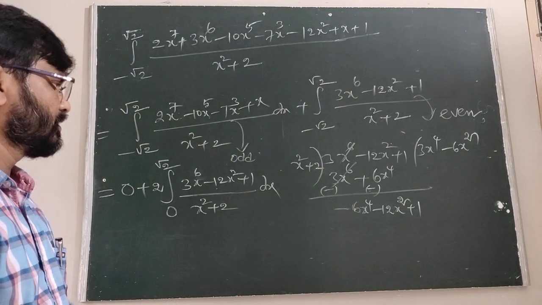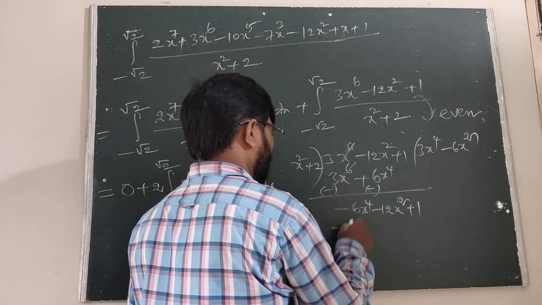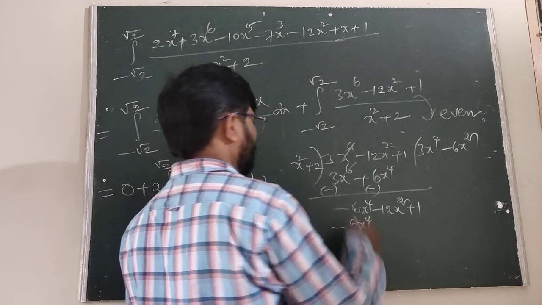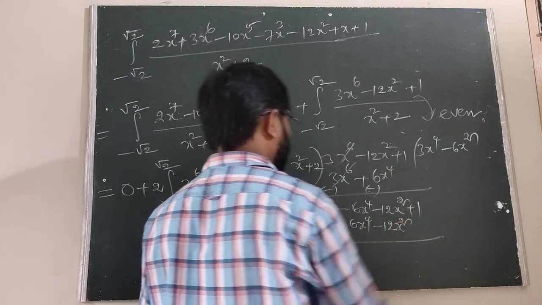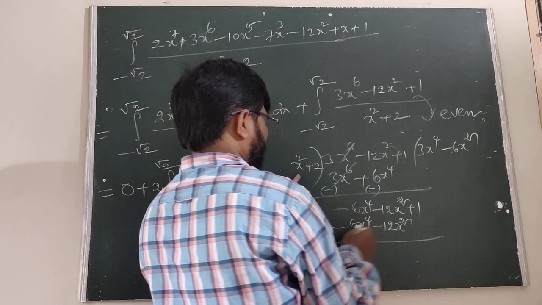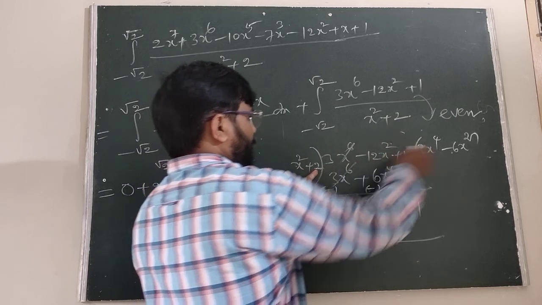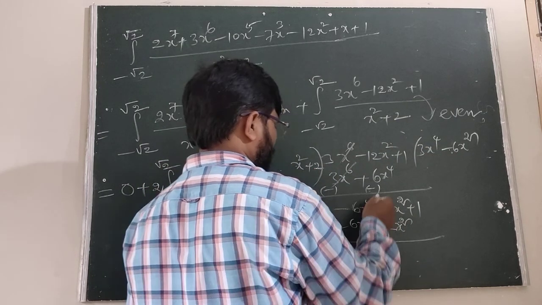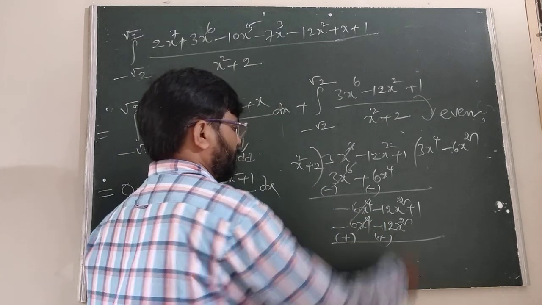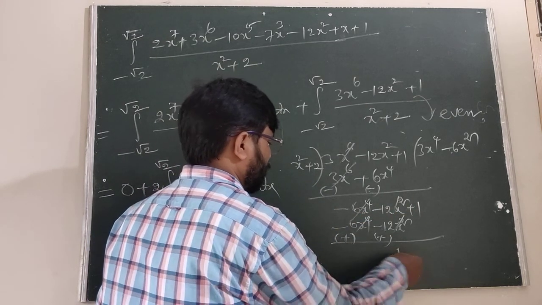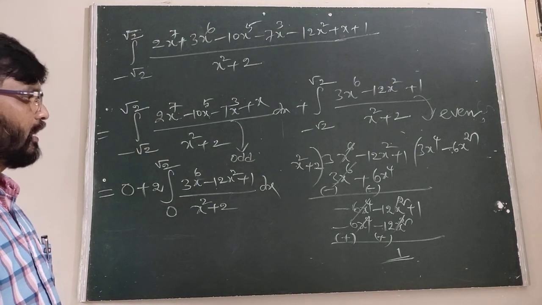Multiplying minus 6x square into x square gives x power 4. 2 into 6 is minus 12. After that, these are cancelled. This is also cancelled. We got 1.